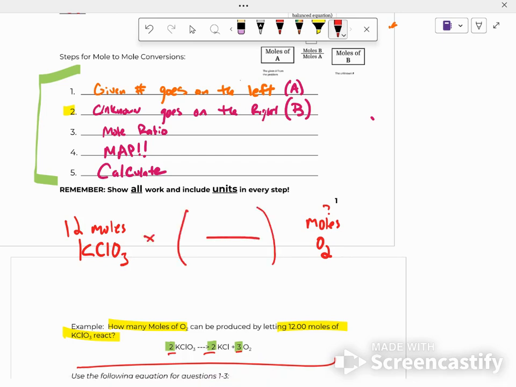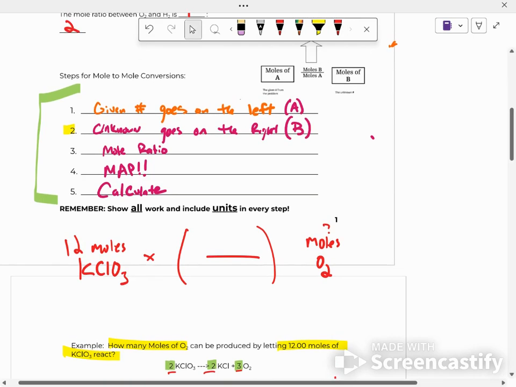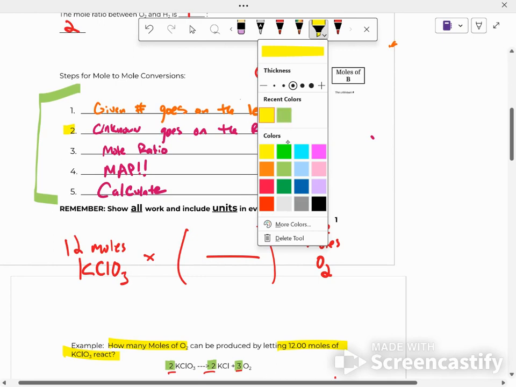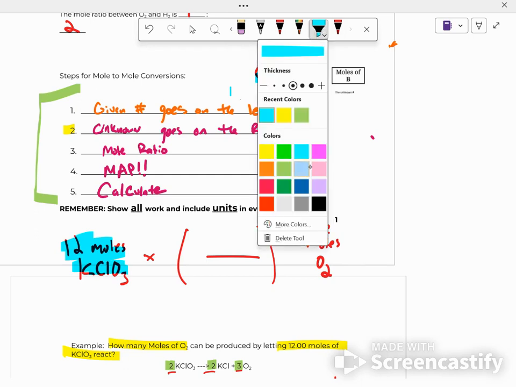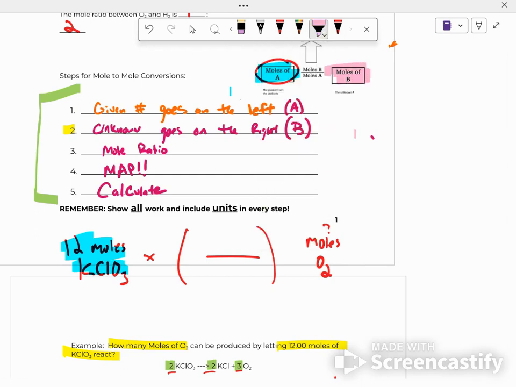Looking at this map, this is moles of A, the given number. What you want to find goes on the right, moles of B, moles of O2. Now we apply the ratio in the middle, our bracket.